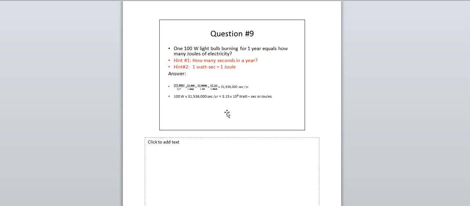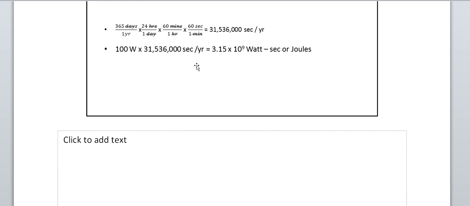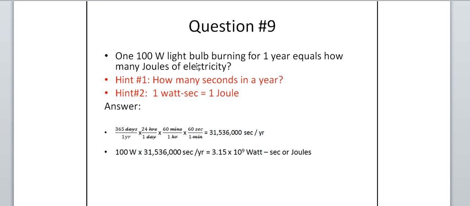Question 9 says a 100 watt light bulb burning for 1 year equals how many joules of electricity? And I want to just zoom this so you can see the math and my calculations.